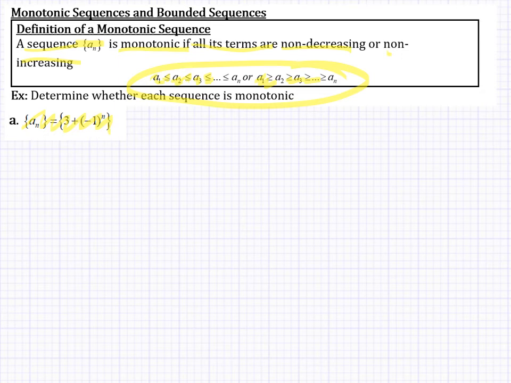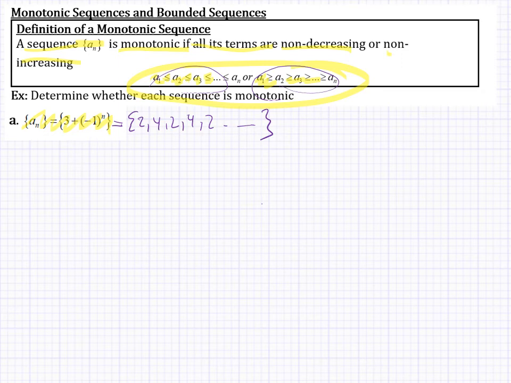So one thing you should do is have an idea going in: are we looking for them to be getting bigger or staying the same or smaller? Sometimes that helps by looking at the first couple of terms. This one we already know is 2, 4, 2, 4, etc., which we clearly know is not monotonic. And so we can show this really easily that neither of these things is happening, and we can go from there.